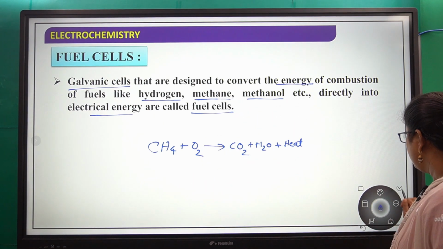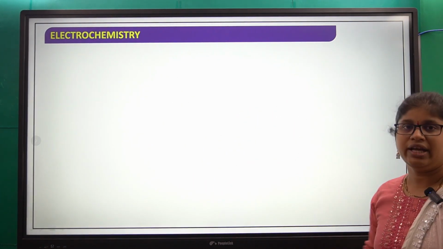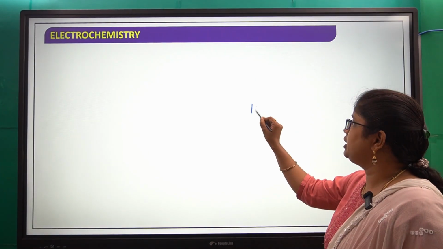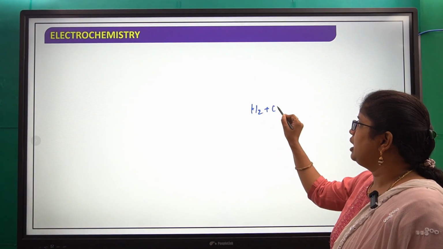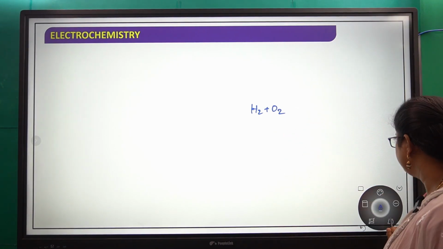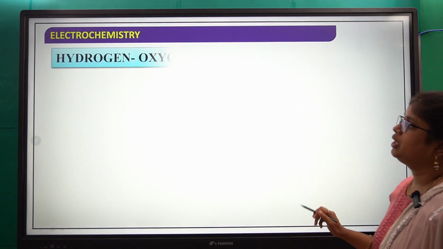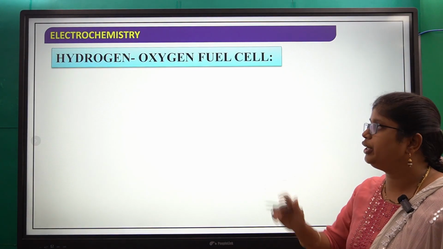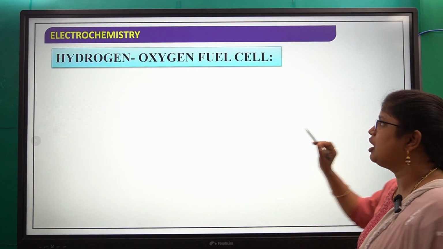Next, for example, hydrogen combines with oxygen and gives water plus energy. Now we are going to discuss hydrogen oxygen fuel cells.